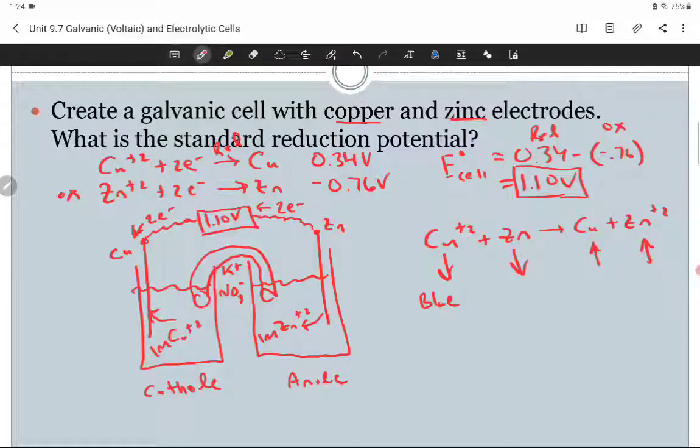The zinc ions don't have a color associated with them, so you're not going to notice that. The zinc metal should get pitted, and you should see it kind of getting eroded away. The copper metal, it's going to be difficult to see it getting bigger, but if you weigh it before you start and weigh it when you're finished, you would see a gained mass.